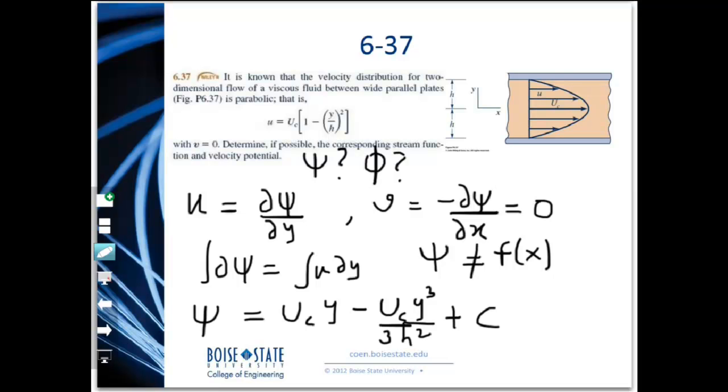The reason I put a constant here is we know that, if you remember in class, we decided that this constant will be a function of x, right? And since the v component is not a function of x, we can write this as a constant. So that's your stream function formulation.